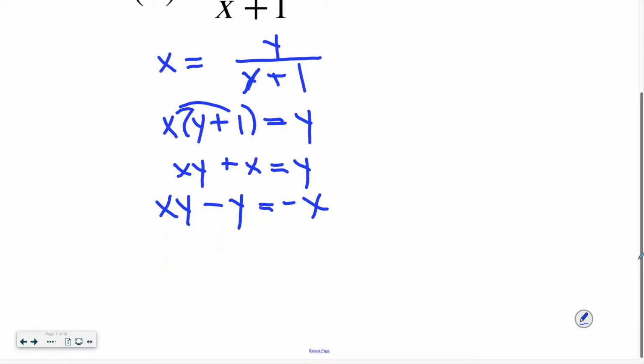What was the goal of that? Well, look at the left side. Every term on the left side has a what? Has a y. And we are solving for y. So if every term on the left side has a y, we could factor out that y, and now we only have one y instead of two.